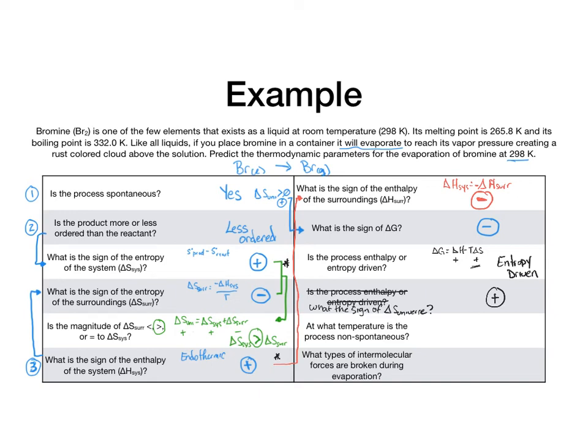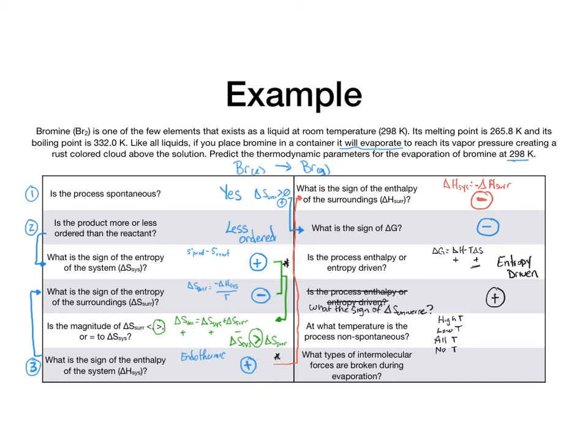Okay, now at what temperature is the process non-spontaneous? This is asking high T or low T, all T, or no T. It's not actually asking for a value of temperature.